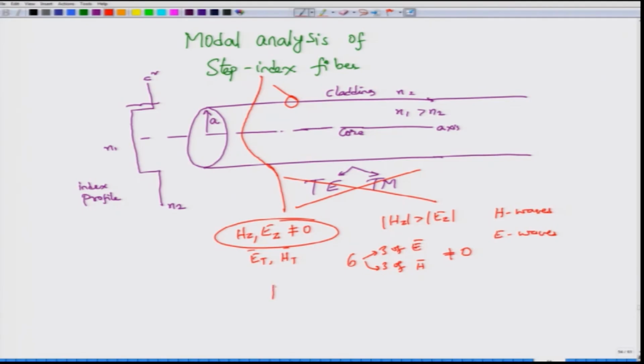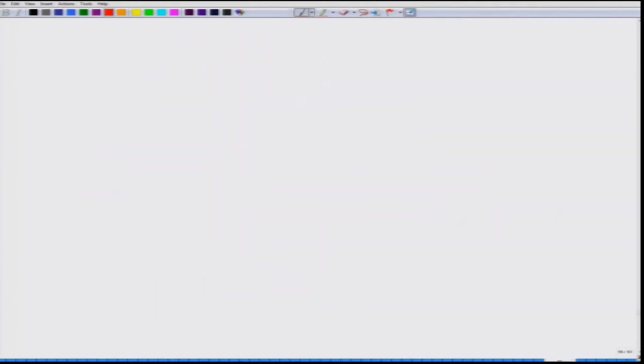That is why they are sometimes called hybrid waves. There is no easy way of separating them into a case where Ez alone is 0 and Hz alone is 0, because, as I have told you, of the 2 reasons. How do we go about analyzing such a structure?